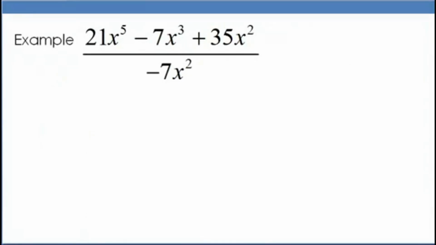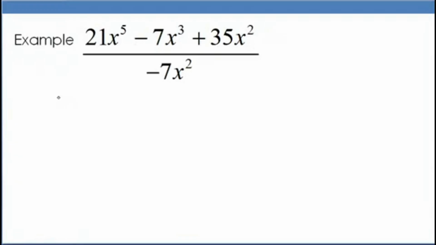Let's look at another example. Notice this problem is written in vertical form. It can be written either horizontally or vertically for the division, but your divisor must be a monomial. So we're going to make separate fractions, breaking the numerator apart at the signs.